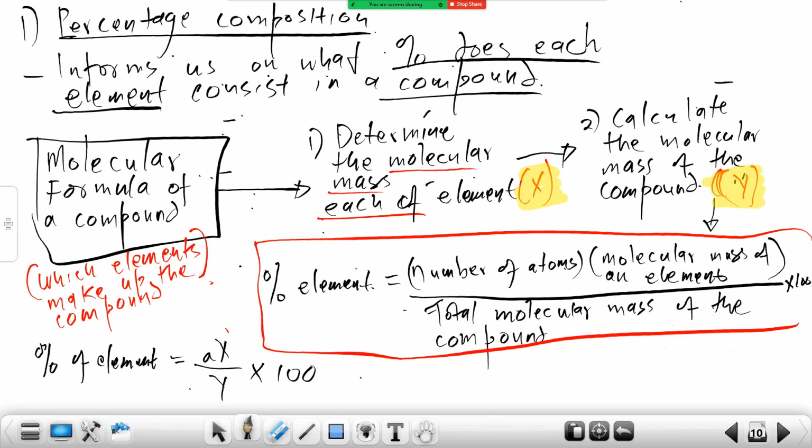What is A? A is just the number of atoms. X is the molecular mass of an element. Then Y is the total molecular mass of the compound. By so doing, I've minimized the complexity of not remembering everything that is expected of me to know in terms of the percentage composition.